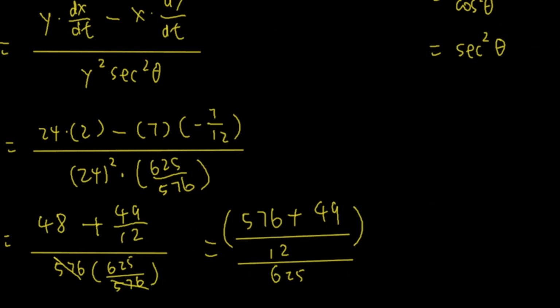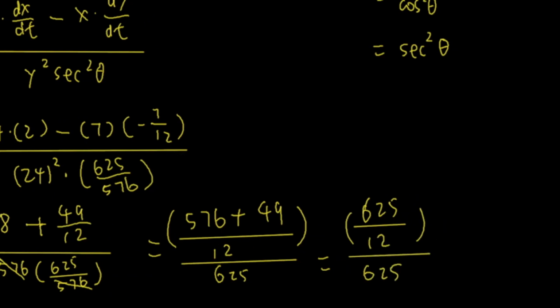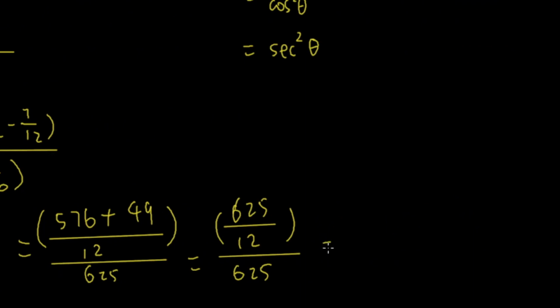Then what's 576 plus 49? 625. So 625 divided by 12, divided by 625. That is the same as 625 divided by 625 times 12.